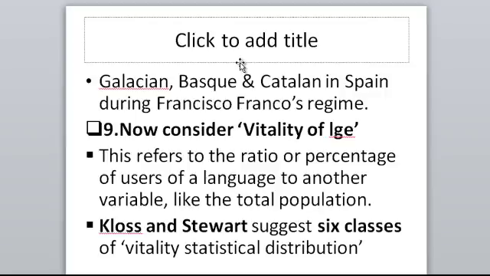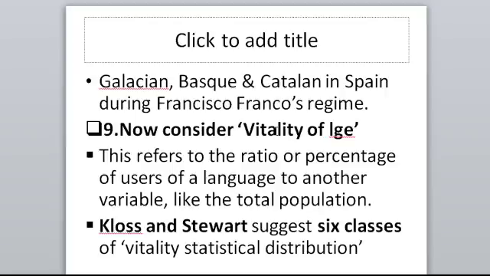Now, let's consider the issue of language vitality. What does language vitality refer to? What does it imply in our studies? Language vitality refers to the ratio or percentage of users of a language to another variable, like the total population.